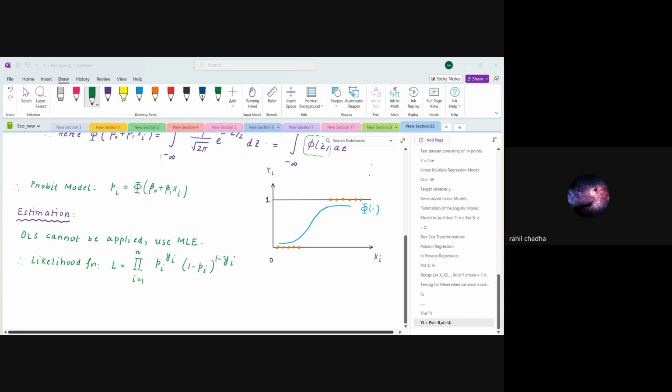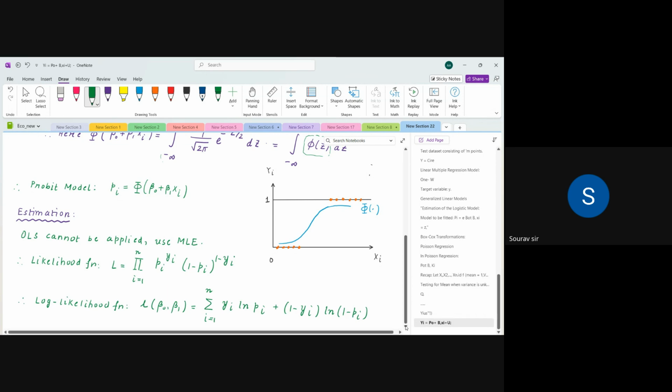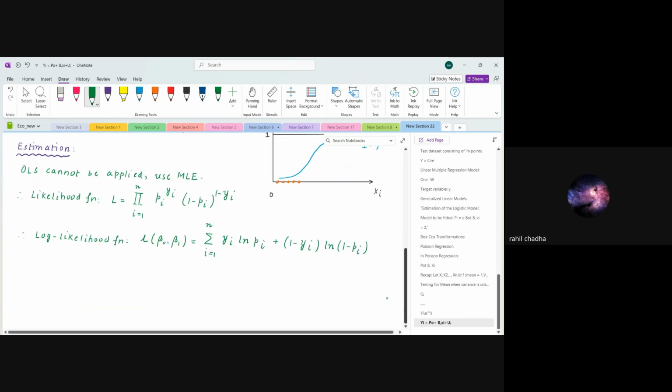From here you will have your log likelihood, which is small l, a function of beta naught and beta 1. That will be the summation of i running from 1 to n, yi log pi plus 1 minus yi log of 1 minus pi.